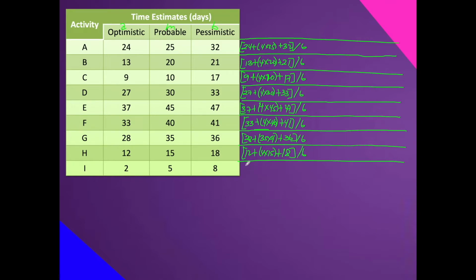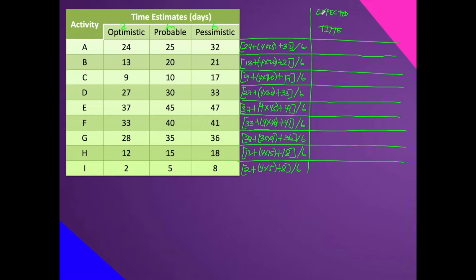Next, we have 2 plus 4 times 5 plus 8, divided by 6. So, our expected time, we put it here. Calculate them one by one. I hope you have a calculator now so you can follow along.